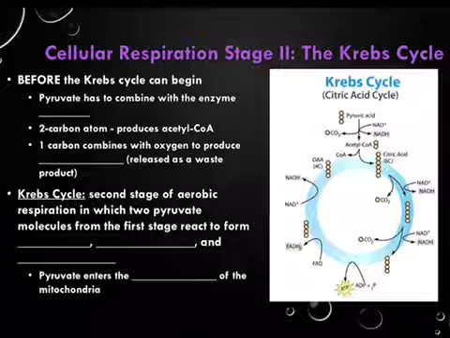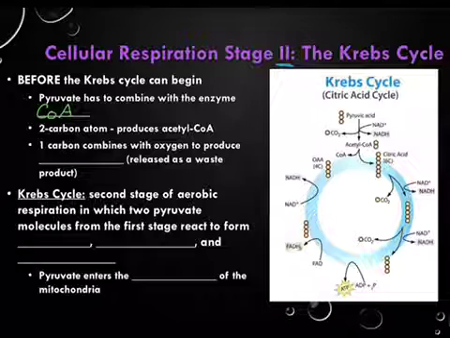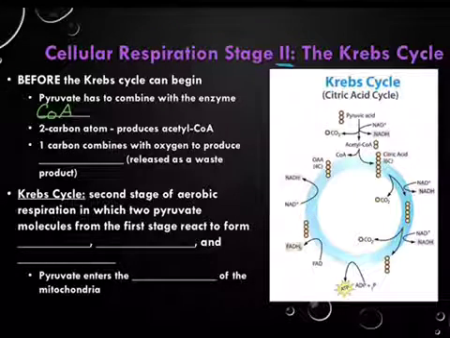So before the Krebs cycle begins, remember the Krebs cycle is step 2, the pyruvate from glycolysis has to combine with an enzyme that we call CoA. And so this produces a 2-carbon molecule that we call acetyl-CoA.